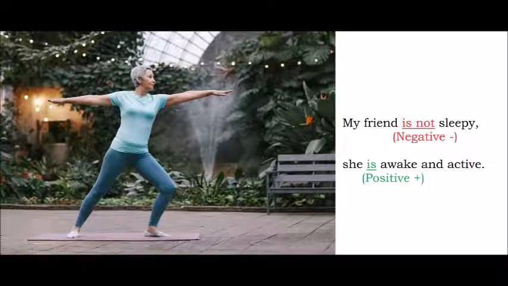And in order to form this into the negative version, it will be, my friend is not sleepy, comma, she is awake and active. Now notice the red printings are the negatives and the green printings are the positives.